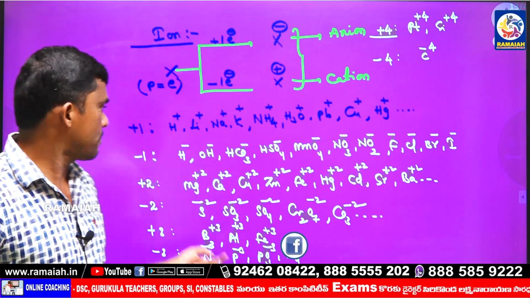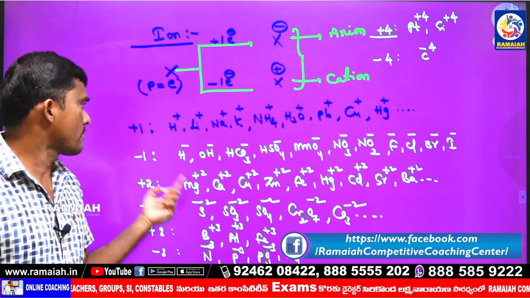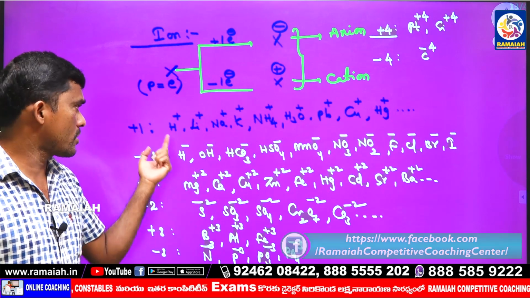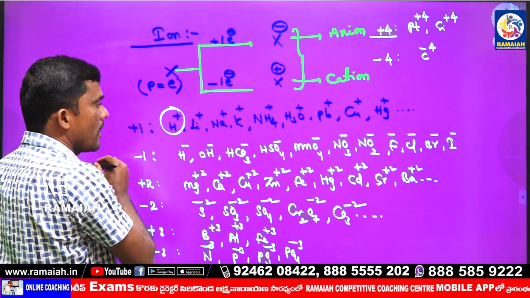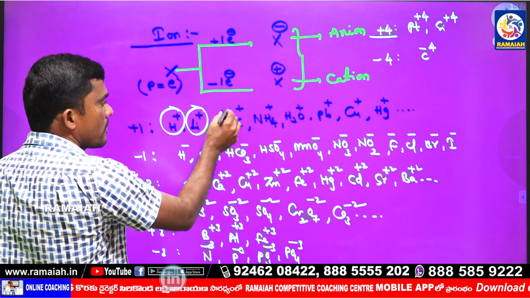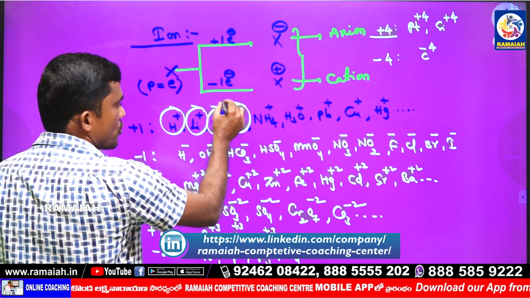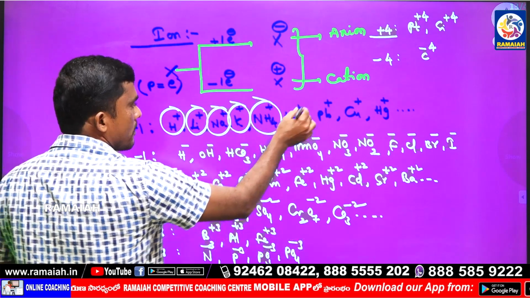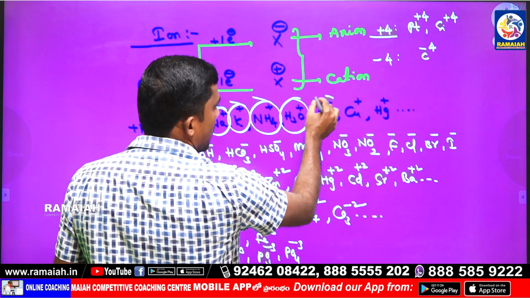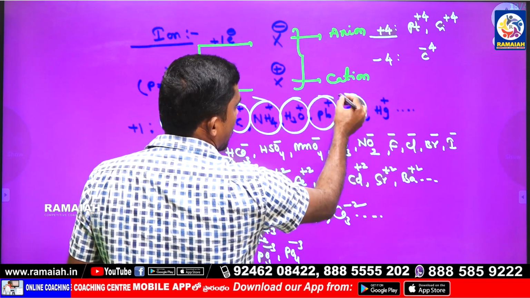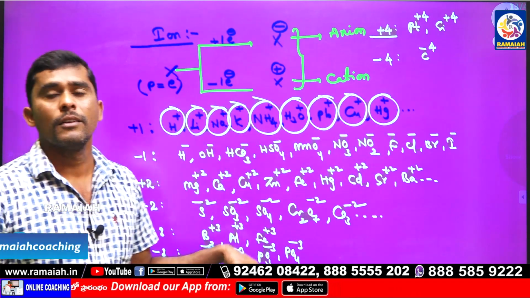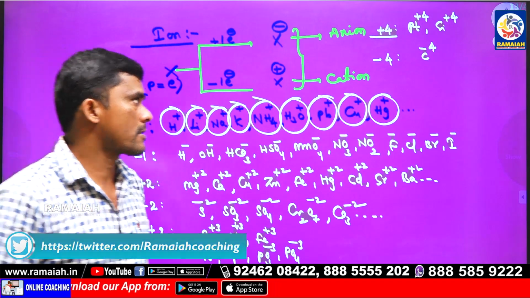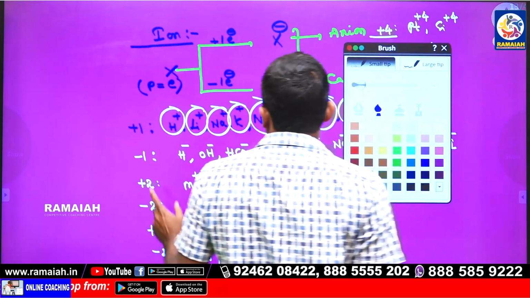So once again, unipositive, plus 1 charged: hydrogen, lithium ion, sodium ion, potassium ion, ammonium ion, next hydronium ion, lead ion, next copper ion, mercury ions. These are unipositive ions.